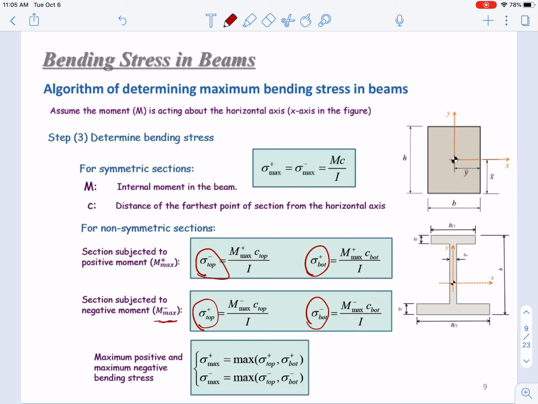If you have more than one bending moment, you have some local maximum bending moments, so you may do several calculations and compare the maximum compressive stress values and maximum tensile stress values and find the maximum one.